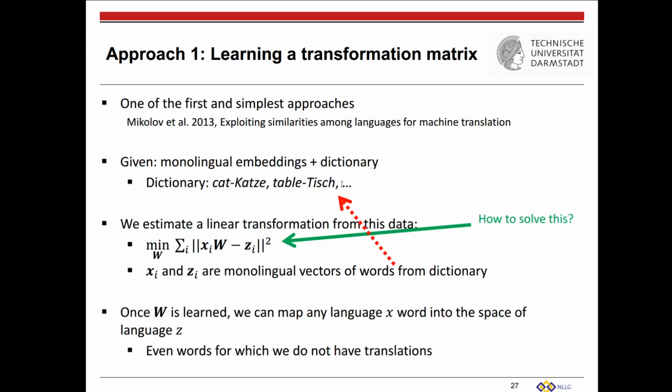So now, what do we do with these monolingual embeddings and the vectors that we have? So we would estimate a linear transformation, and this linear transformation looks as follows.